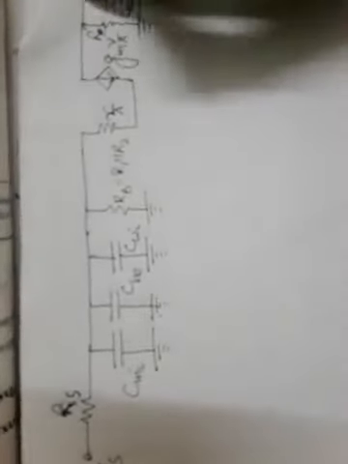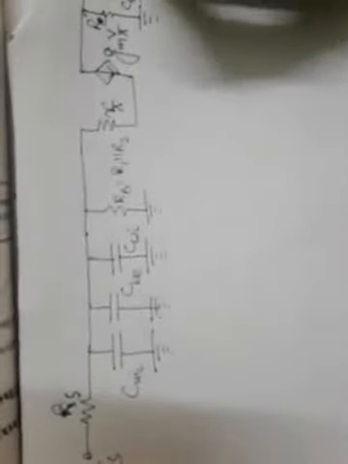Then there will be CCE in parallel to this CWO, the junction capacitance between collector and emitter. And then there will be CMO, the output Miller capacitor.